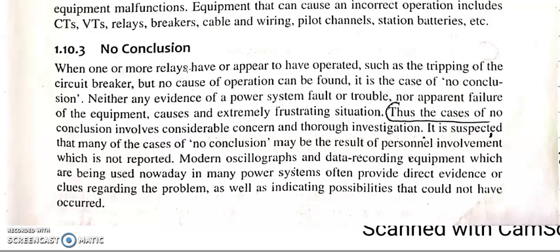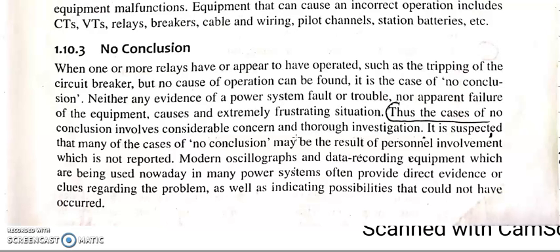See, as the name itself indicates, no conclusion is the case where one or more relays of the power system fail to operate or do not operate. The reason is suspected; in many cases no conclusion is a result of personal involvement, where human beings are personally involved in setting the system or setting the values. That is one of the causes where a no conclusion case may arise.